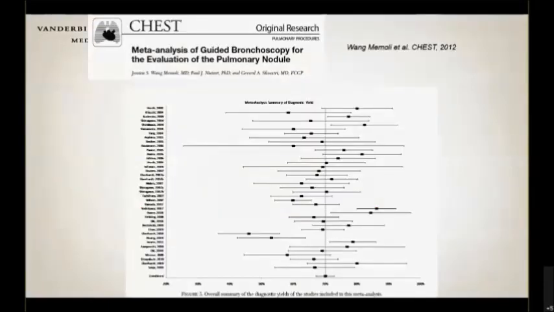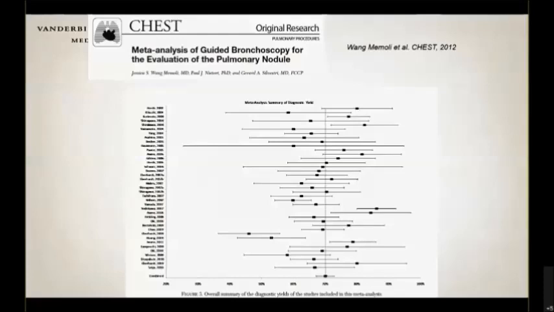The overall yield of quote-unquote guided bronchoscopy, this would include not just electromagnetic navigation, but radial ultrasound-assisted bronchoscopy and virtual bronchoscopy. The number that's quoted most of the time is from this study from Jessica Wong-Memoli that she did with George Silvestri with a diagnostic yield around 70%.